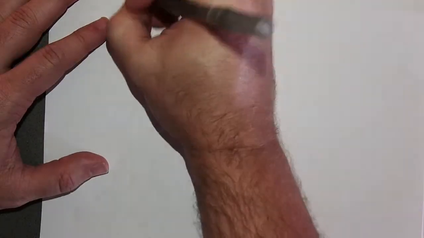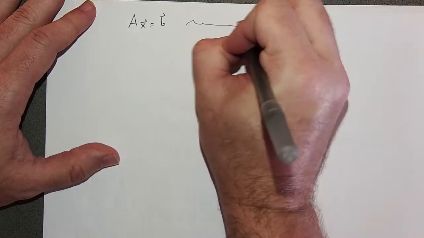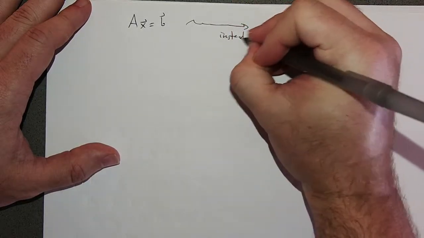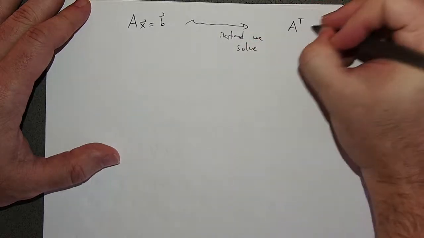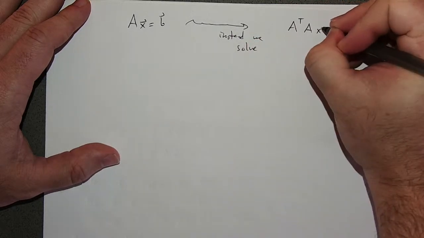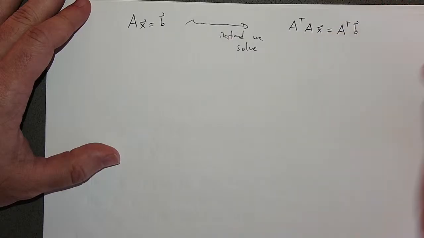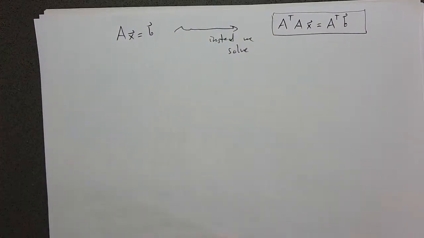So we want to solve this, right? We want to solve this. Instead, we solve this, which is forced to have a solution.